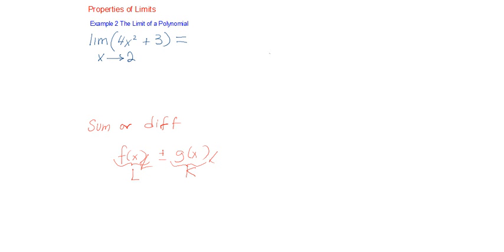So what they're saying is that if I do a limit of 4x squared as x approaches 2, I can just add it to another limit of function 3, y equals 3 as x approaches 2, and then I can just add it. Now this one is going to give us a scalar multiple.